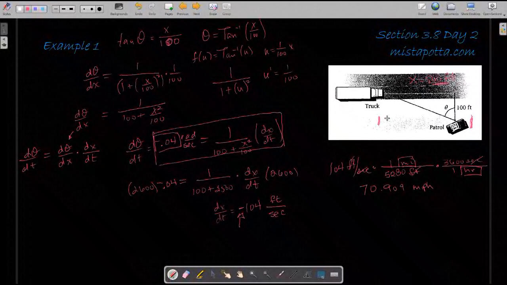So this is one of the real-world practical applications of using these trig inverse derivatives.